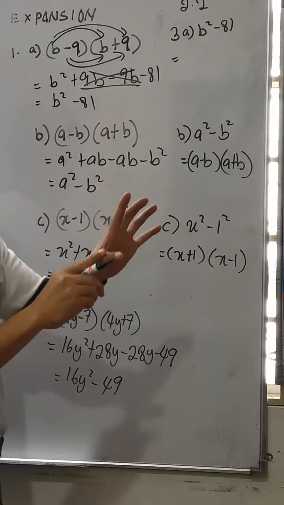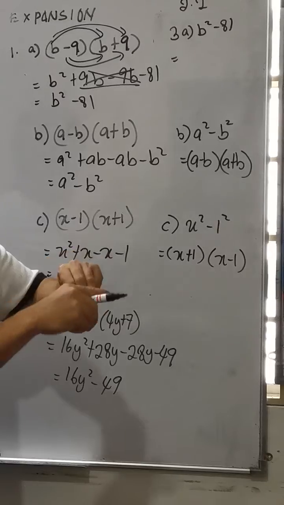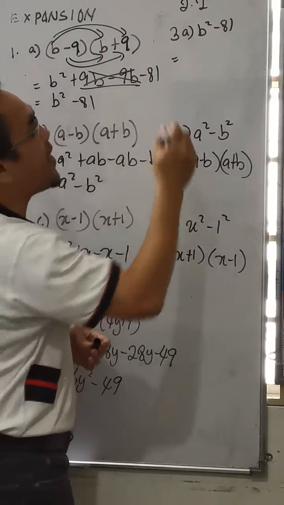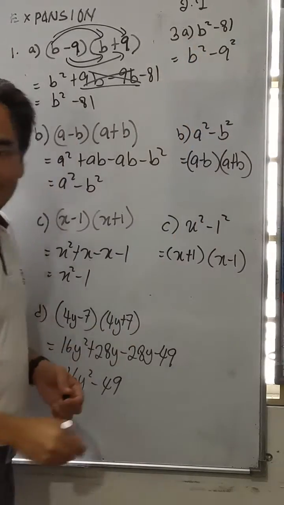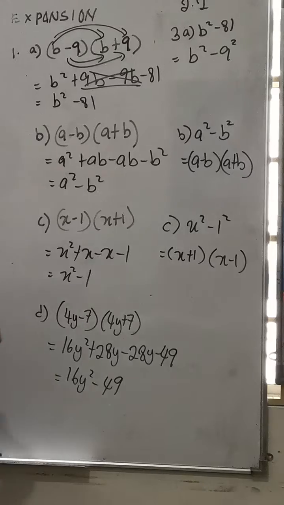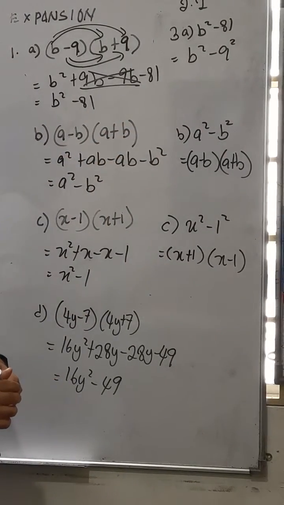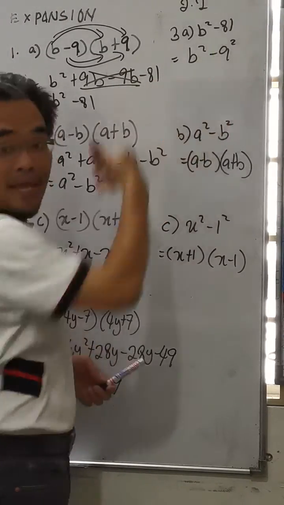What is a perfect square? 1, 4, 9, 16, 25, 36, and so on. So 81 you can express as 9 squared. Understand? If you press the calculator, you take the square root of 81. So you can rewrite as 9 squared. So 9 squared will be 81.